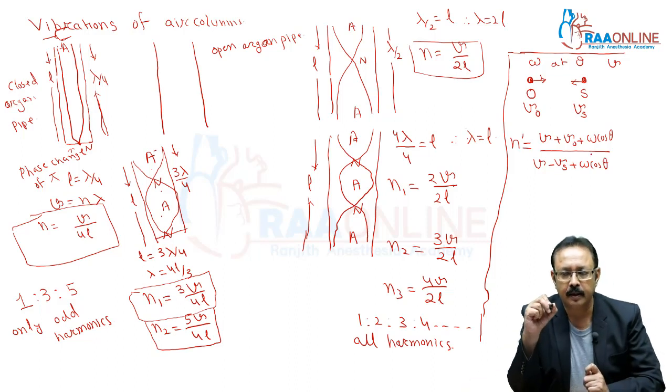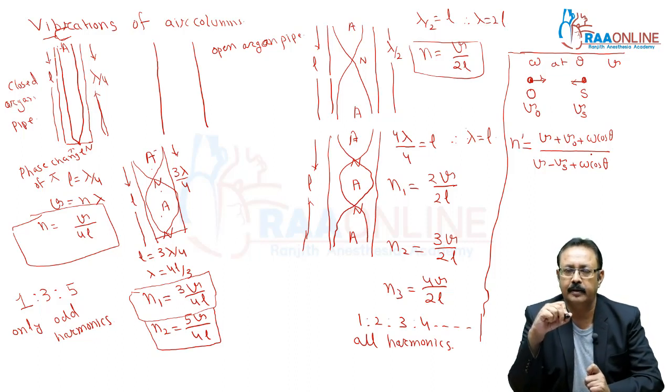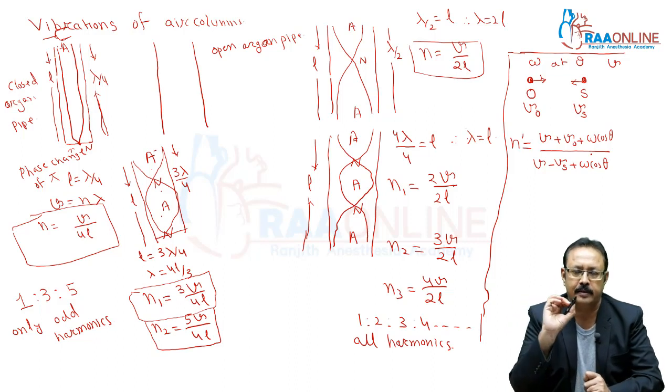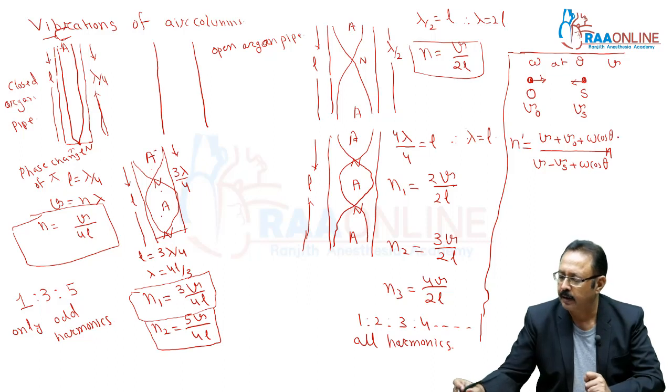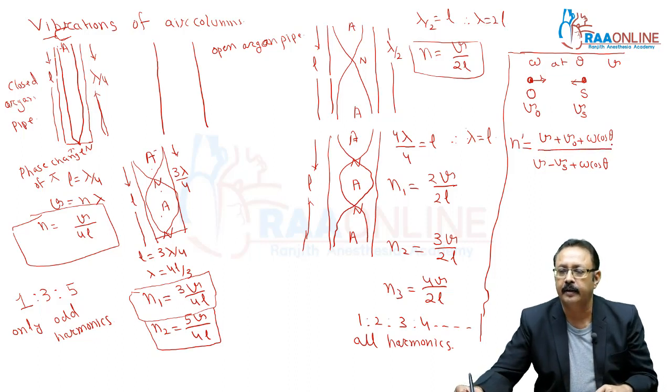It means if you want to apply this formula in your numerical, and there is nothing given about wind, forget that, means W is 0. So your formula is now V plus VO upon V minus Vs. If observer is stationary, put in place of VO 0. If source is stationary, put in place of Vs 0.